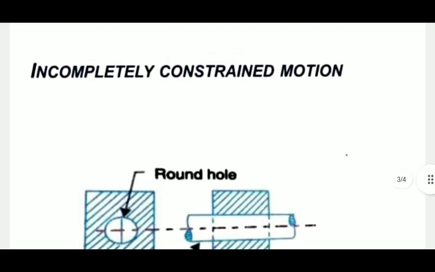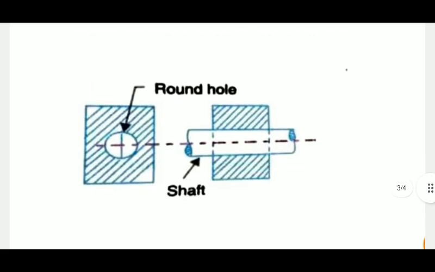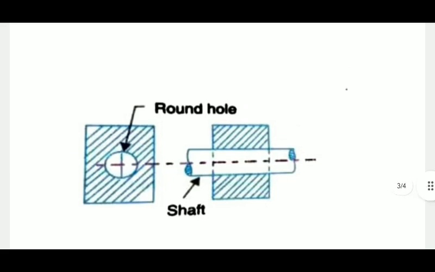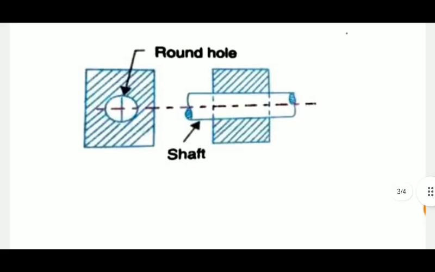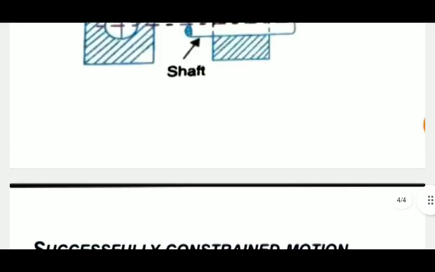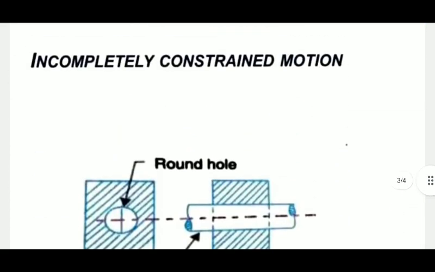So it is an incompletely constrained motion, because in constrained motion a link is restricted to a particular motion, but in incompletely constrained motion there is no restriction on the shaft. It can have two types of motion: traveling along the axis, and rotating about the axis. So we call it incompletely constrained motion.